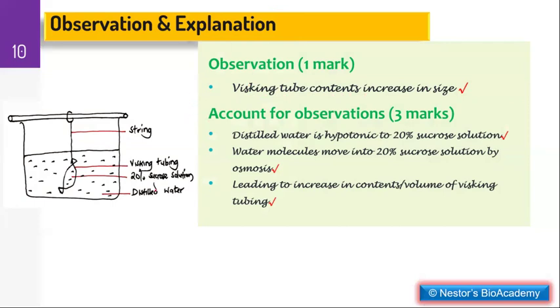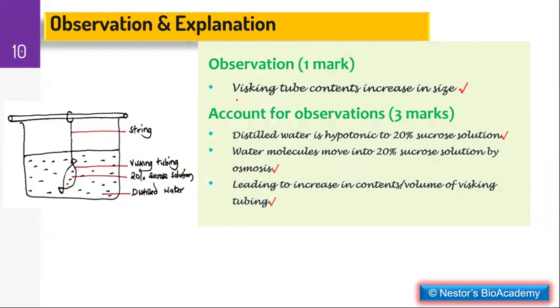Okay, like here we can see we are having distilled water in the beaker and we're having 20% sucrose solution inside the Visking tubing. Be open-minded because sometimes it might be the reverse. You might be having distilled water in the Visking tubing and the 20% or any other concentration of sucrose solution or any other solution inside the beaker. So in this case, we are expecting the observation to be the reverse.